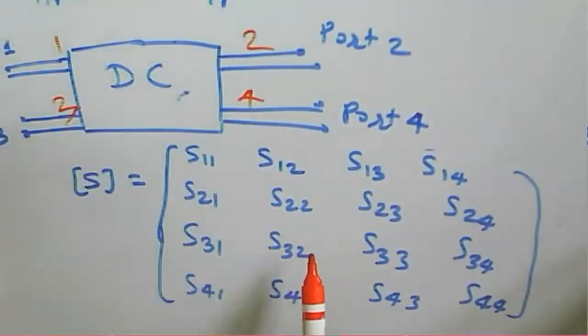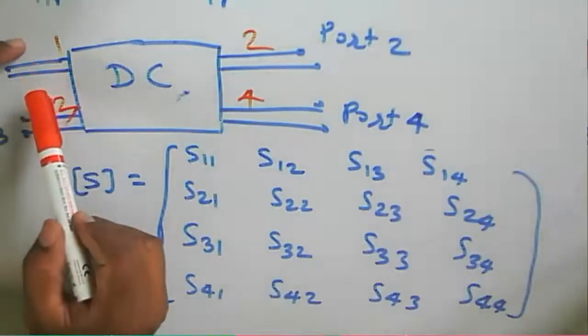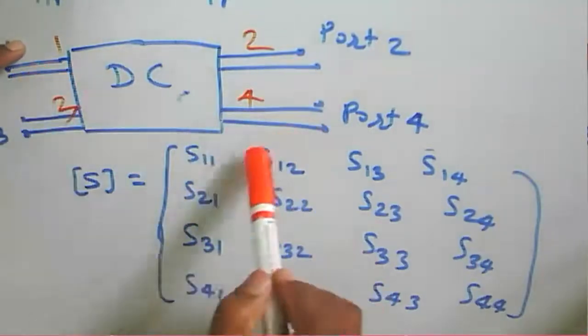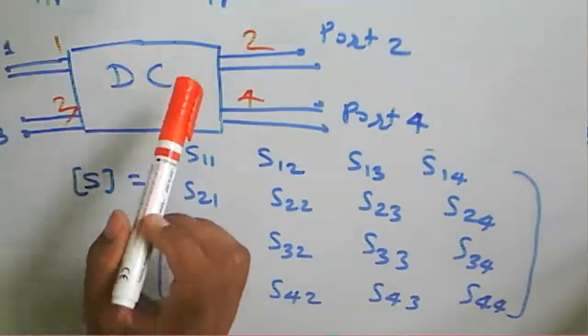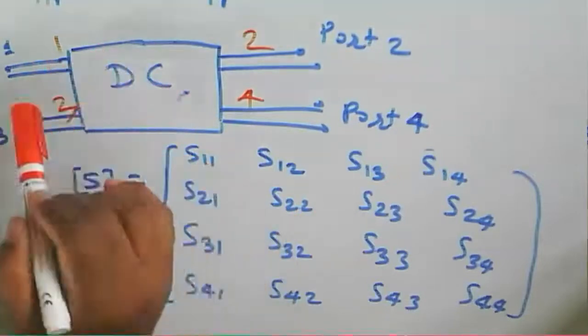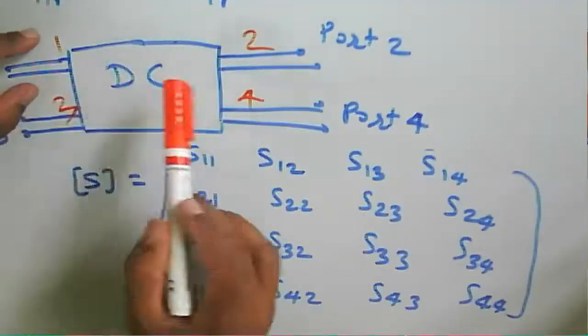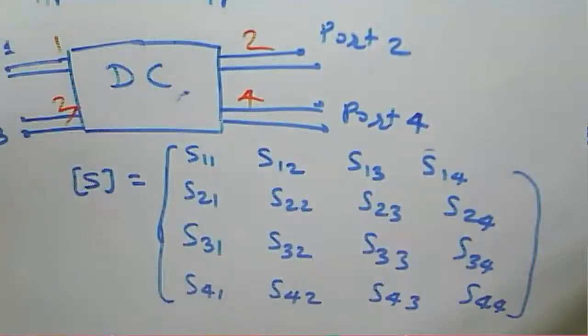In general, when ports are terminated with a matched load, there won't be any reflection. If all these ports are matched, then in the matching condition, port 1, port 2, port 3, port 4, no reflection occurs at the given port.